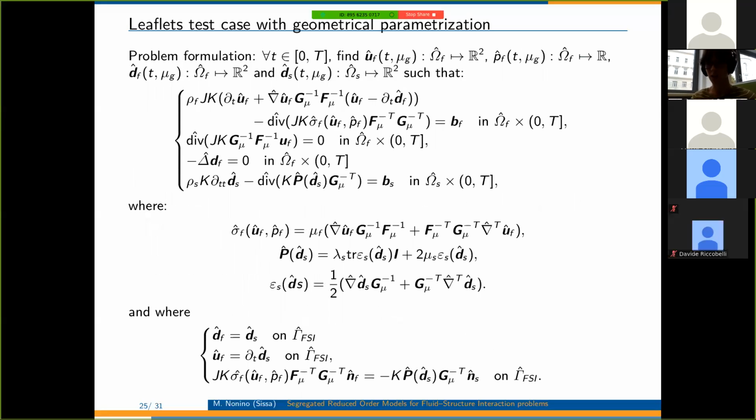So we have the Navier-Stokes equations in the reference configuration, and now also the linear elasticity equation has been transformed in the reference configuration. And at the bottom of the slide, we have always the coupling conditions, so the continuity of the displacement, of the velocity, and the balance of the stresses at the FSI interface.